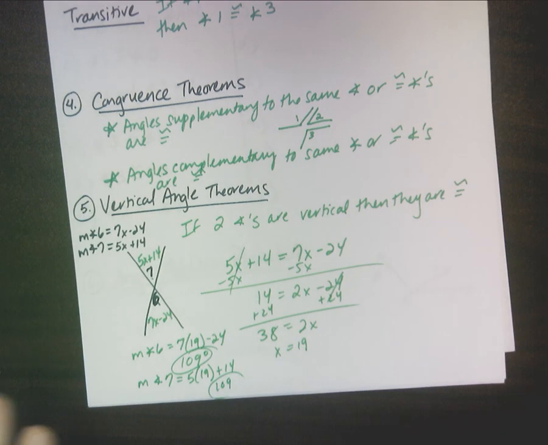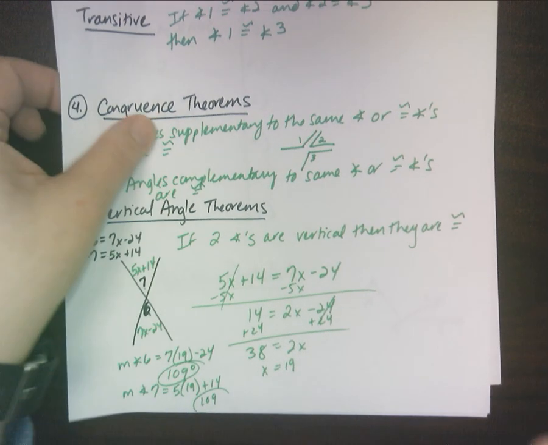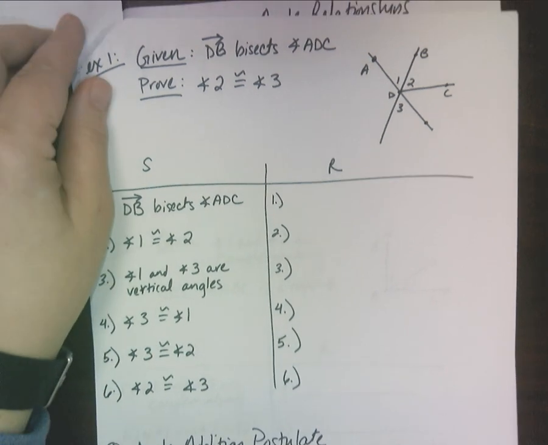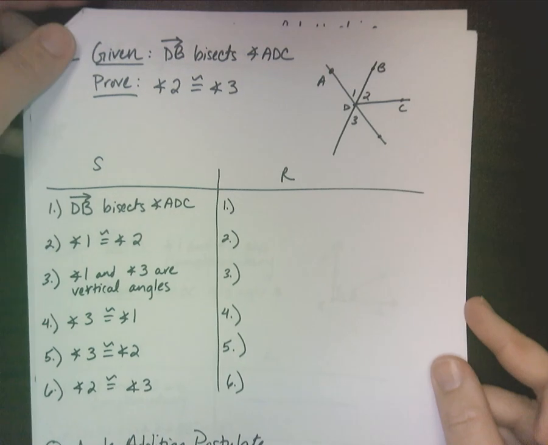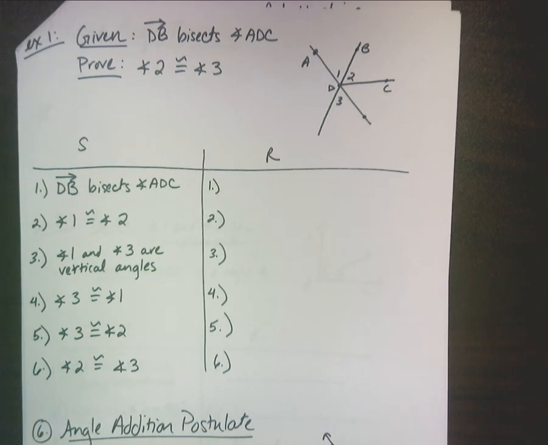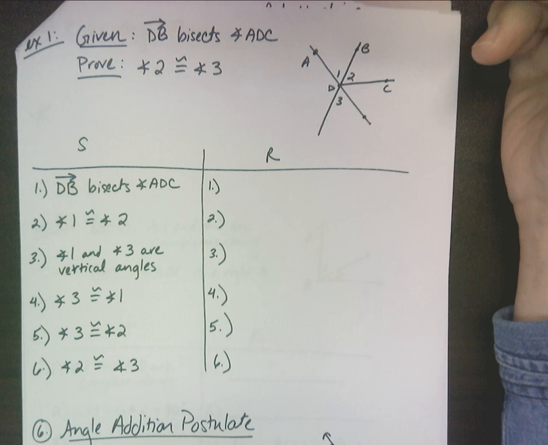Okay. Now, let's try a proof. No, that sounds very vicious. They're not bad at all. Again, you might take a moment to pause this right now and write this all down, and then I'm going to talk you through it. That way it's a little bit easier for you. So we're given that ray DB bisects angle ADC.